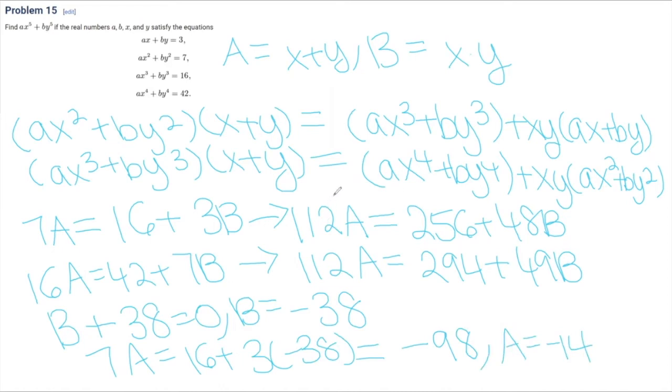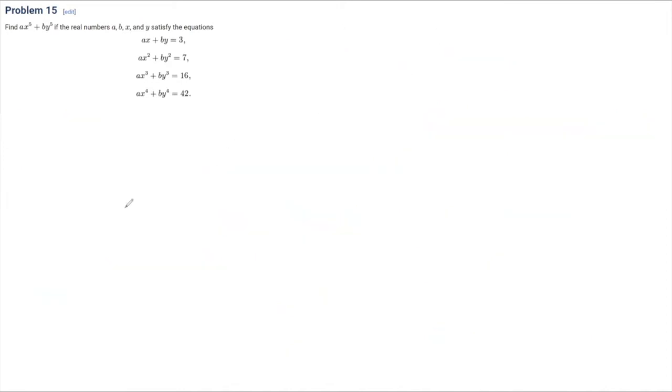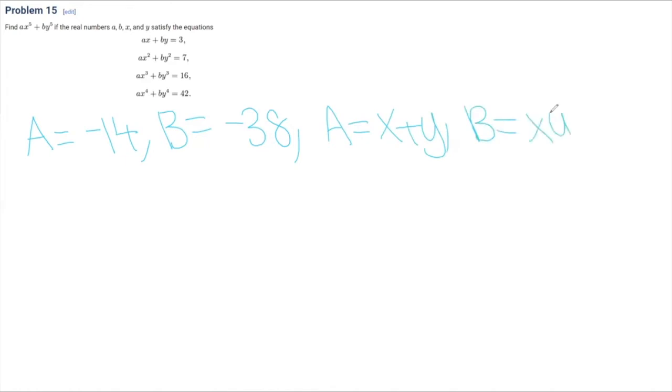So let me erase everything on the bottom because we don't need these right now. Let me just clear the drawings, but we remember that A is equal to negative 14 and B is equal to negative 38, where A is x plus y and B is x times y.